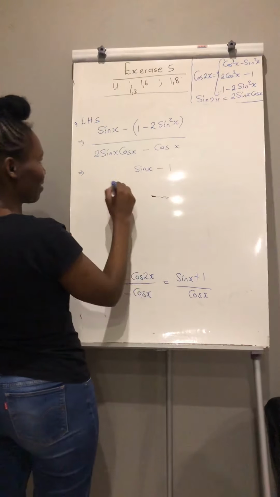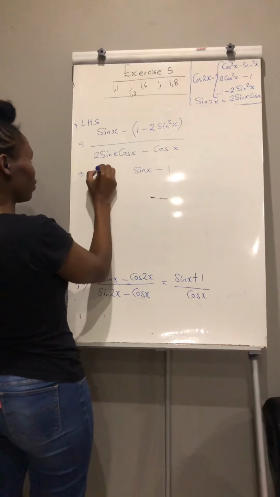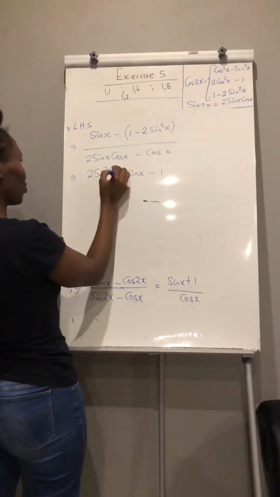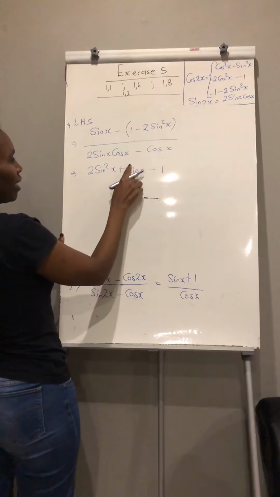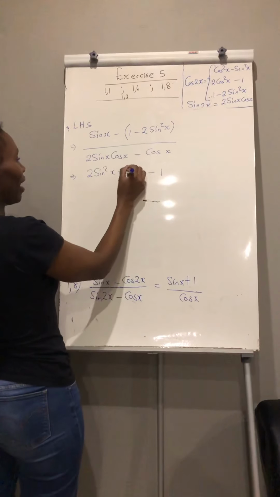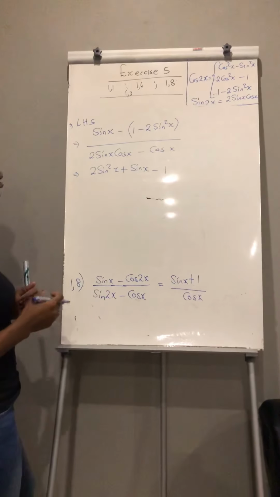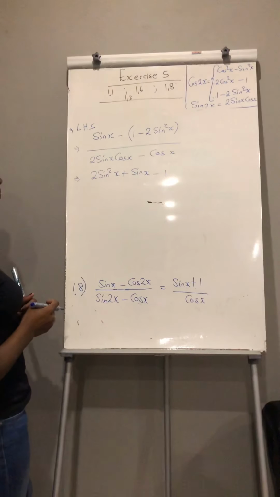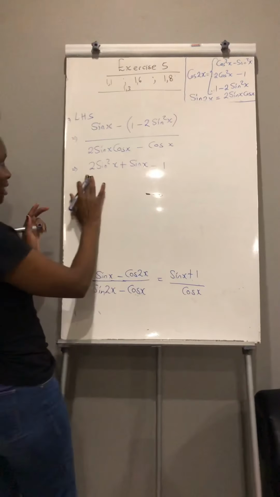Let me write minus 1 there. And then minus times minus 2, it will be positive 2 sine squared x. Notice this was a positive sine x. I think you're seeing why I wanted to write it like this, so that it can be a trinomial. You can see it's a trinomial that we can easily solve.